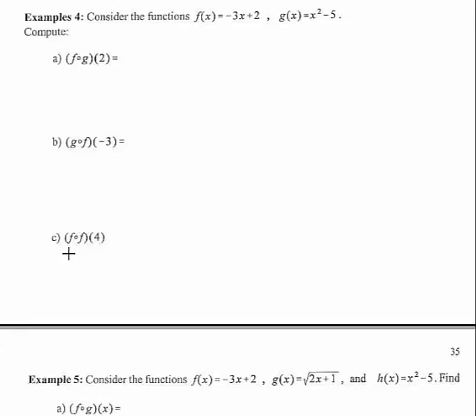Okay, our last example, we have the composition of two identical functions, f composition f. So I simply use the same function over, but not the same output. This is an alternate way to write it: f of 4 inside of f once again.